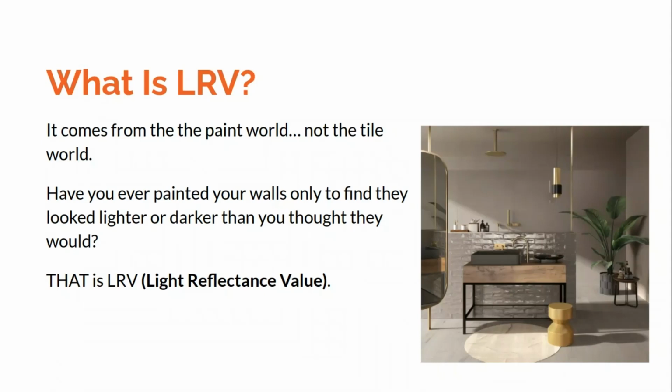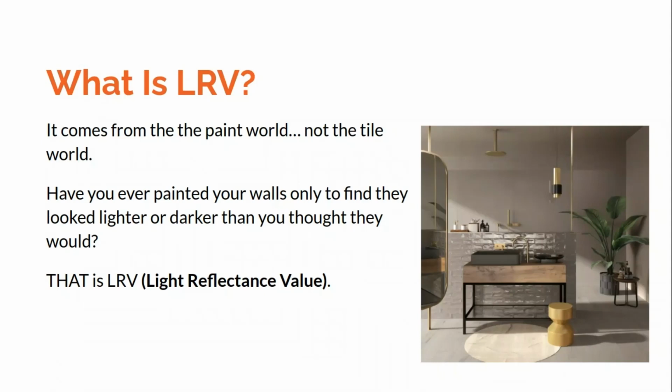Think about a black hole in space: the reason black holes are black is because light cannot escape from them, which is why we can never see what's inside. In the case of an LRV of 100, the entire spectrum of light is being reflected back, so you're seeing a complete overlap of all the colors, and that's why you see white.